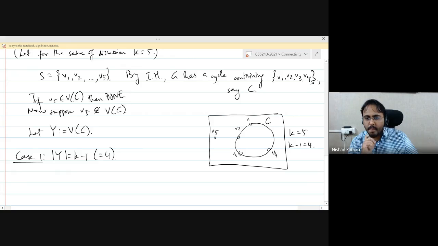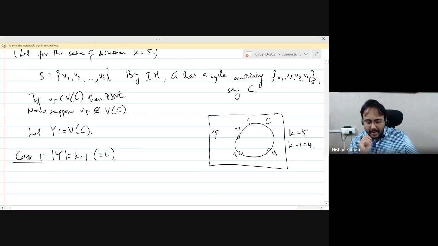Anyone? Okay, I'll give you a hint. How about we find paths from the vertex v5 to the vertices of the cycle? This cycle has exactly four vertices, v1 to v4, right?